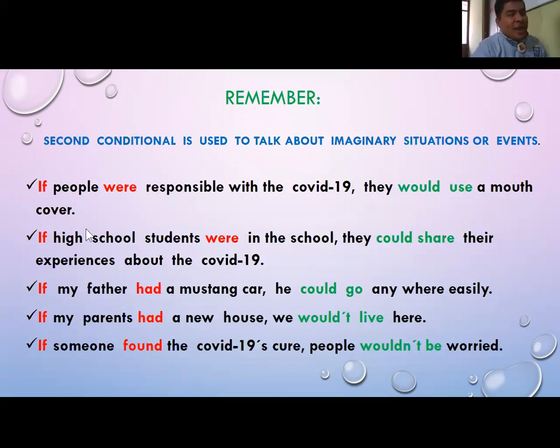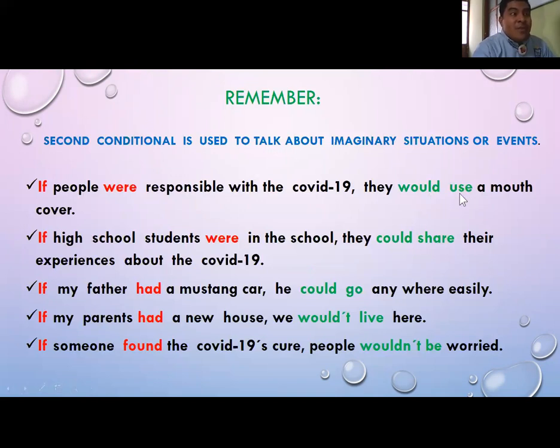Okay, so I have affirmative and negative sentences. We are going to review those structures. Okay, in example number one, I wrote with a red color the condition if. The condition if, people were, the verb in simple past. If people were responsible with the COVID-19, they would use.